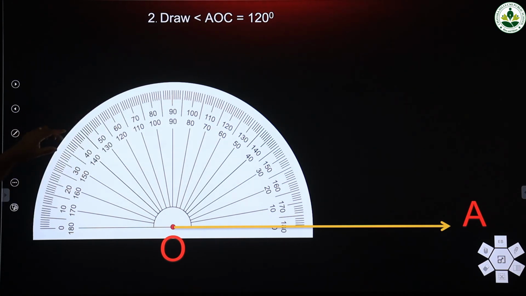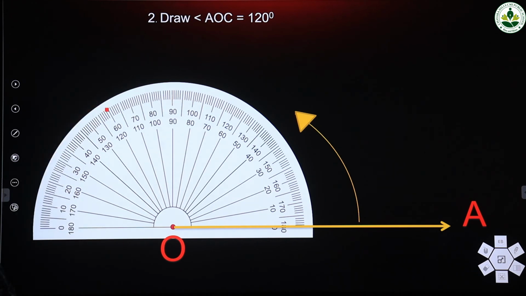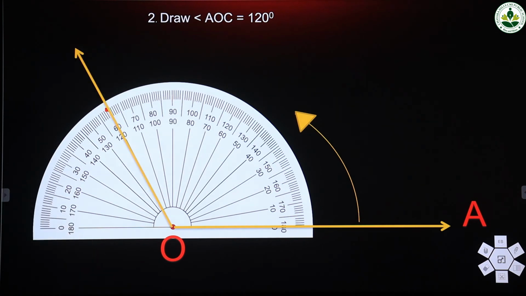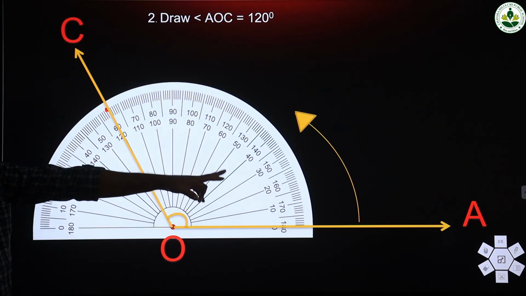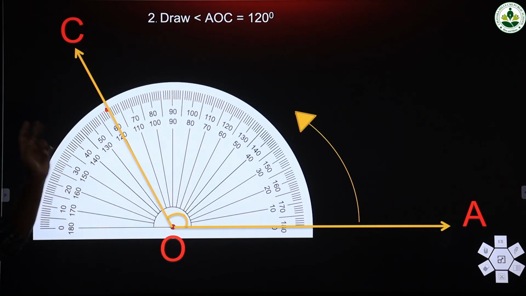So place one point there. Then connect that point and the vertex with the arm OC. Now we got the angle AOC with 120 degrees.